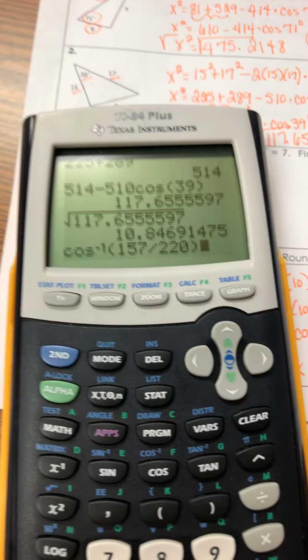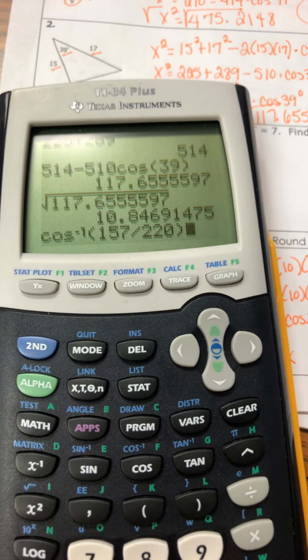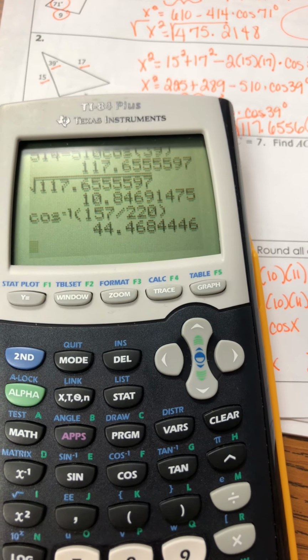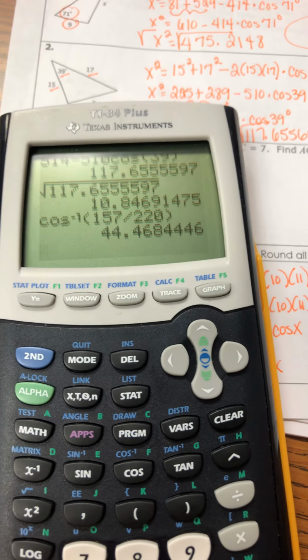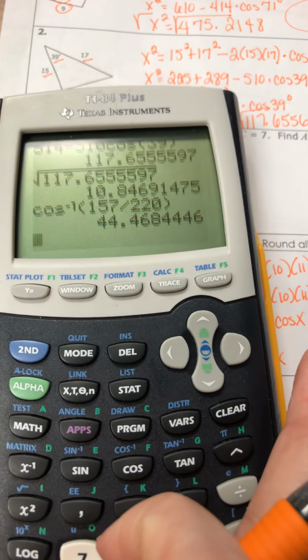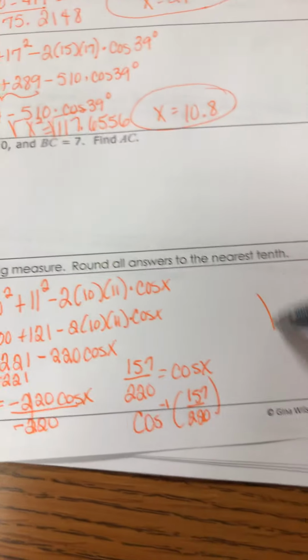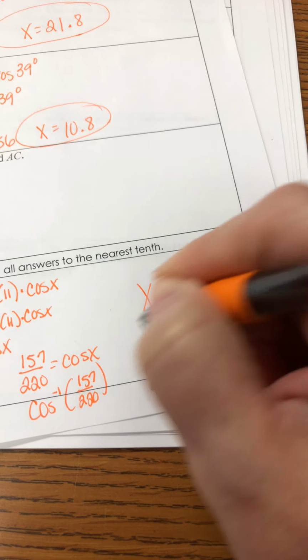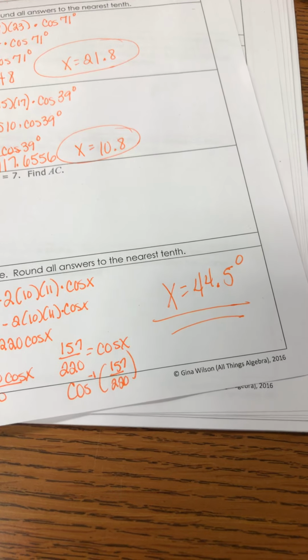You can use your division sign; you don't have to use alpha y equals. It'll give you the same answer. Since this is an angle, again, we're going to go to the tenths place. So that'll be 44 and 5/10. So x is equal to 44.5. It's an angle, so it needs to be degrees.